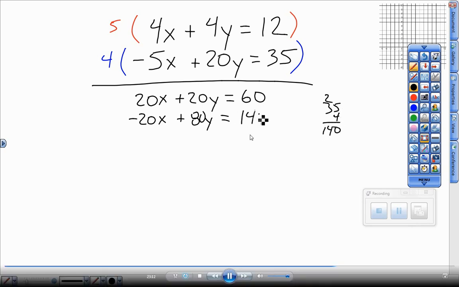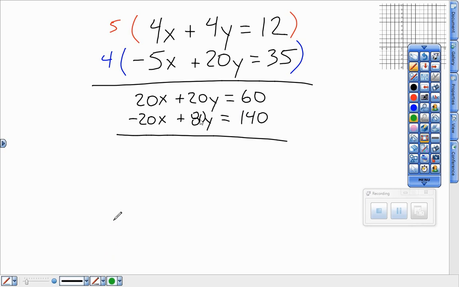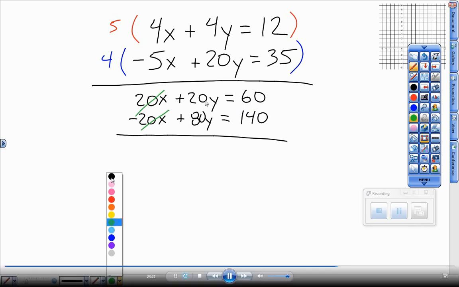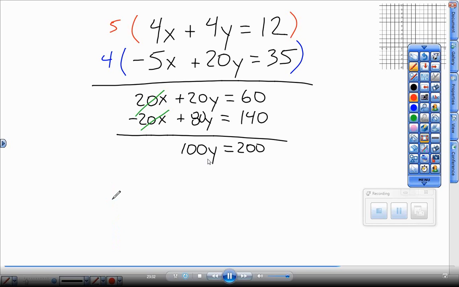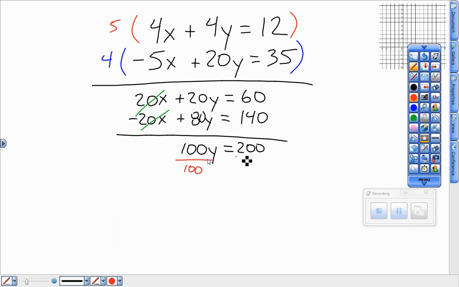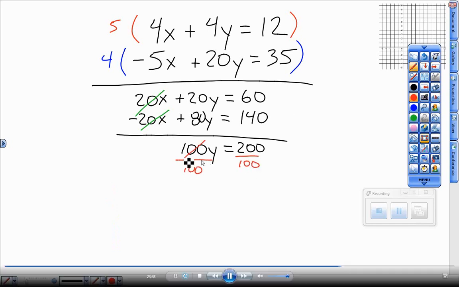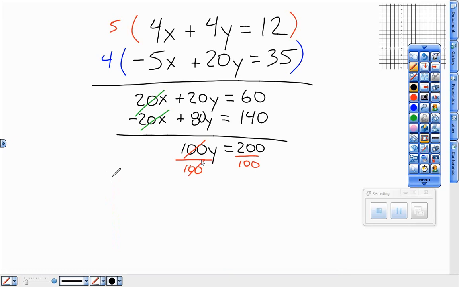So when I add those up, my x's will cancel, and then 20 plus 80y gives me 100y. So 20y, 80y gives me 100y. 60 plus 140 gives me 200. Divide both sides by 100. Gives me y equals 2.